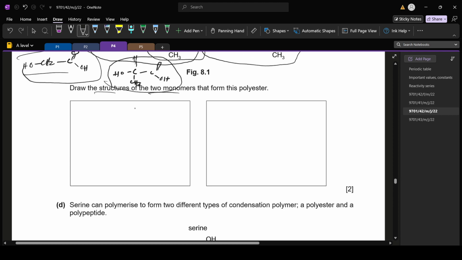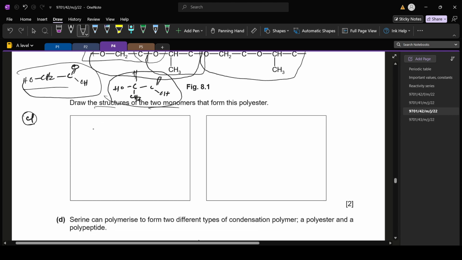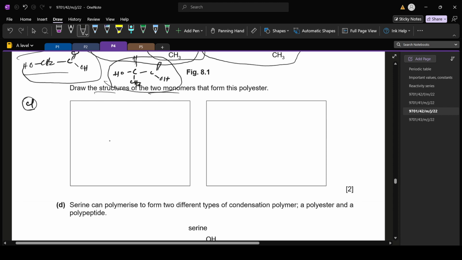Now you can draw these structures. By the way, instead of this OH, you can also write Cl. This is a carboxylic group, and you can also make it an acyl halide, or acyl chloride. That will also be correct. Right now I am writing this OH group.